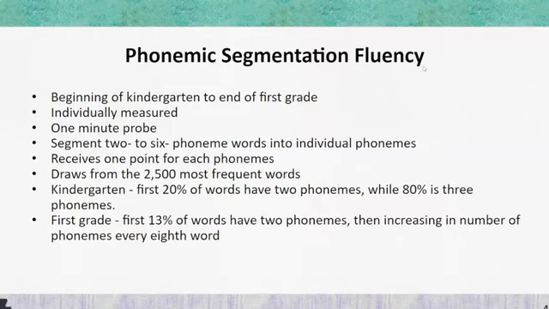This measure will draw from the 2,500 most frequent words. In kindergarten, the first 20% of the words will have 2 phonemes, while 80% is 3 phonemes.